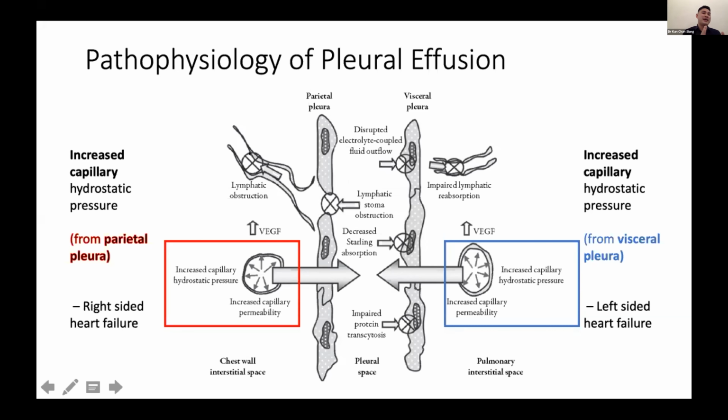So for right-sided failure, usually the increase in the amount of effusion is adequately compensated, and therefore pleural effusions are very rarely seen in right-sided heart failure.